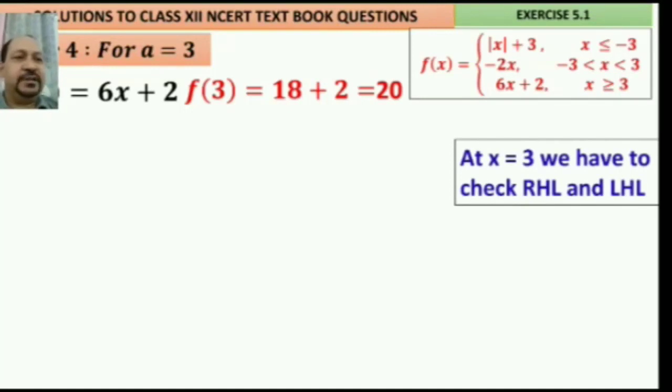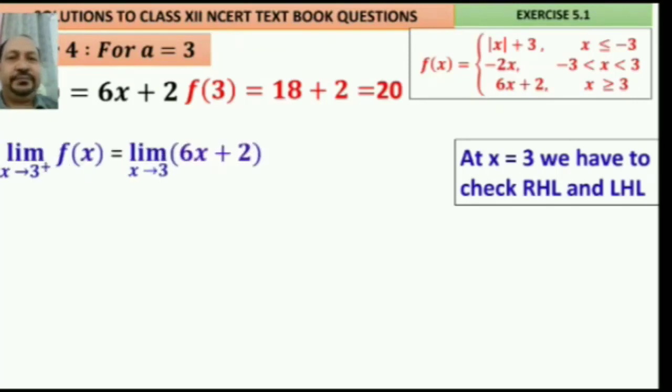At x equal to 3, we have to check RHL and LHL. Limit x goes to 3 plus positive f of x equal to limit x goes to 3, 6x plus 2, and you will get 20.